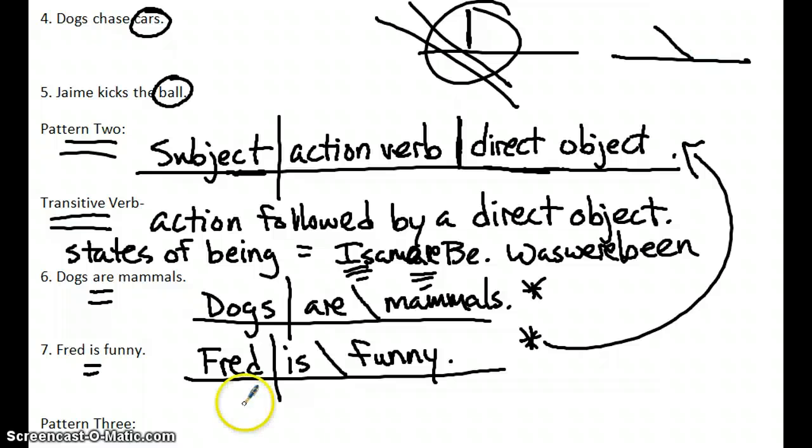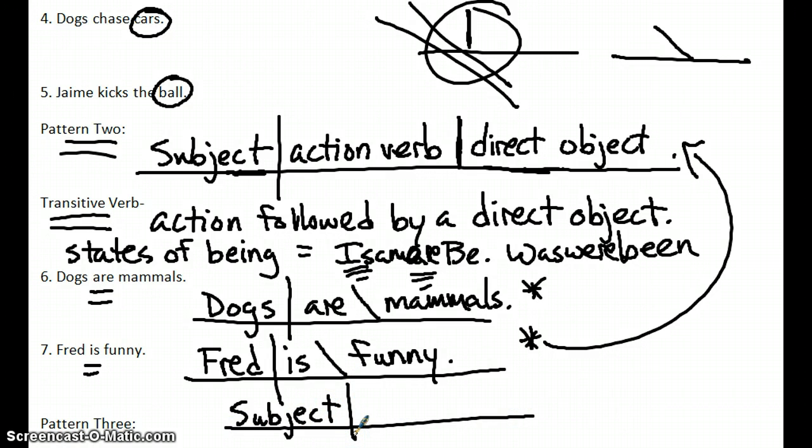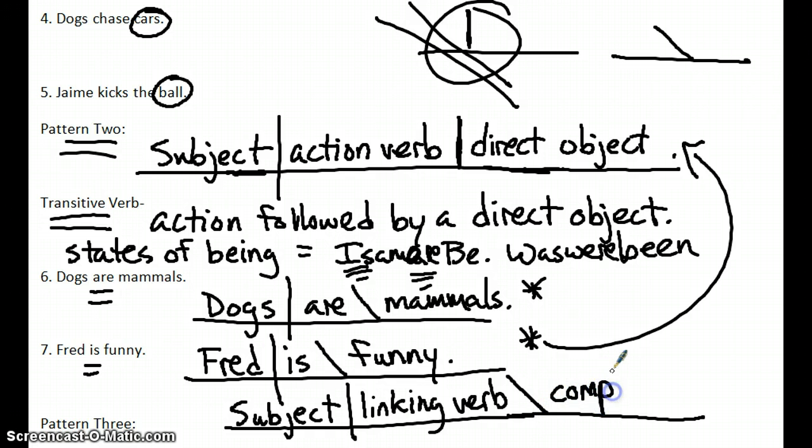It is subject, verb. Now, this is not an action verb as in the first two patterns. It's what's called a linking verb or state of being verb. We can say either one. Same thing. Slanted line, remember? And we're going to call it a complement.